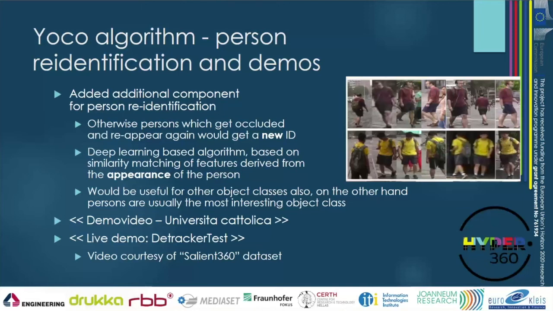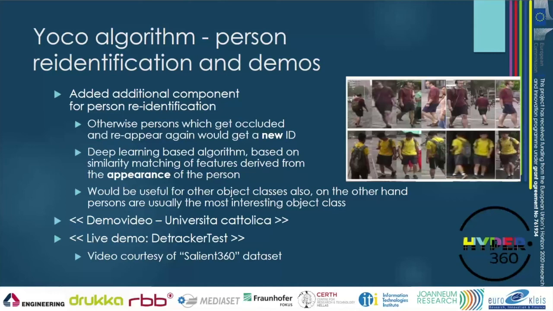For this person re-identification, we are using a deep learning-based algorithm based on similarity matching of features which are derived from the person's appearance, like from the clothing and so on.